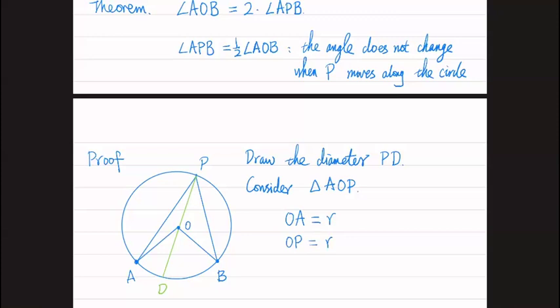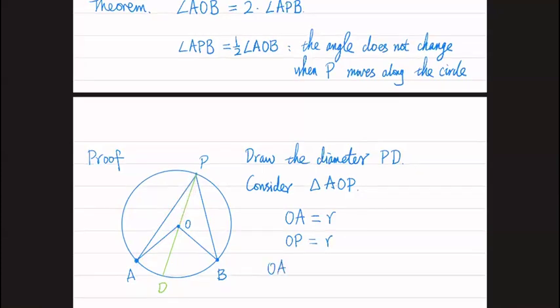It's the radius. Now, this triangle, the two sides, both are R. What do we call a triangle with this property?